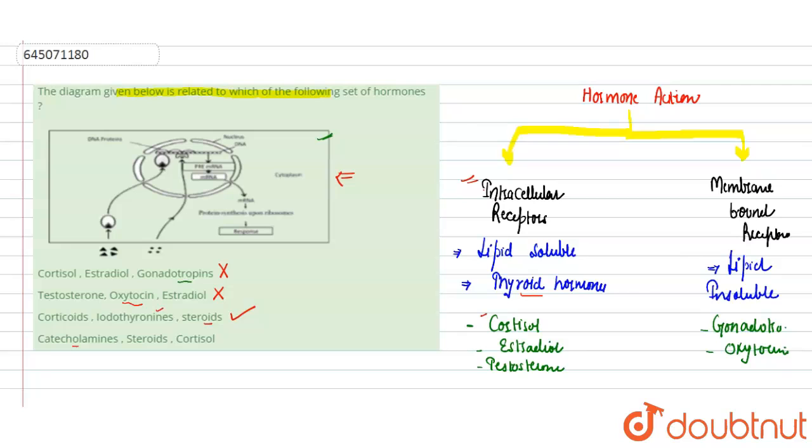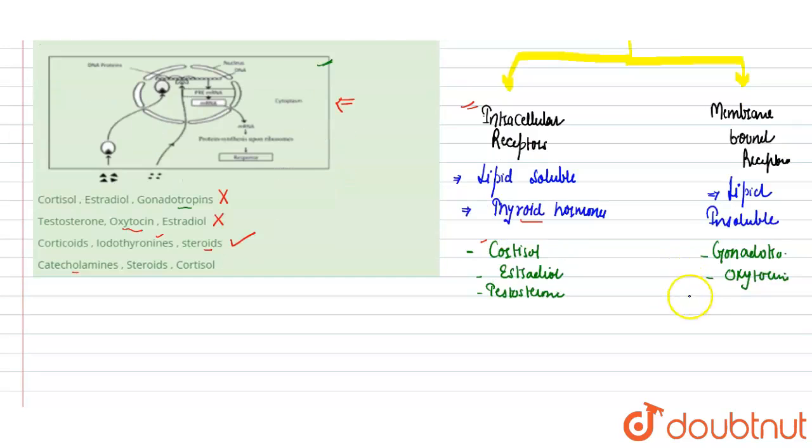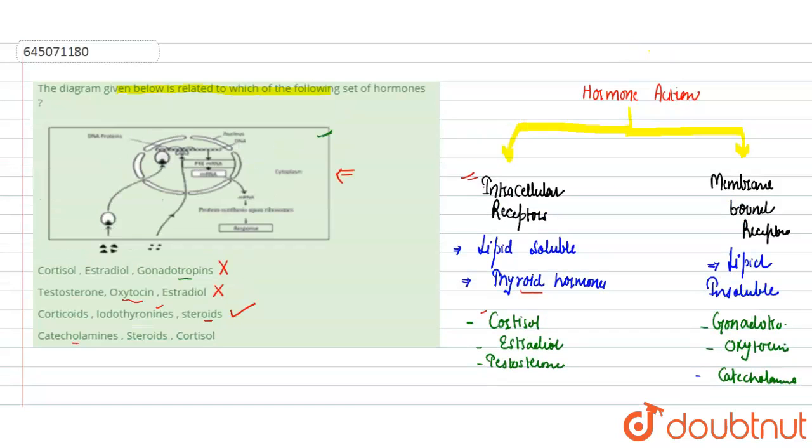Catecholamines include dopamine, adrenaline and noradrenaline, all of which are catecholamines. Catecholamines act via a membrane bound receptor. So we can say that this is incorrect. Steroid and cortisol are correct, but catecholamine is incorrect, so option D is also incorrect. So here option C is correct.